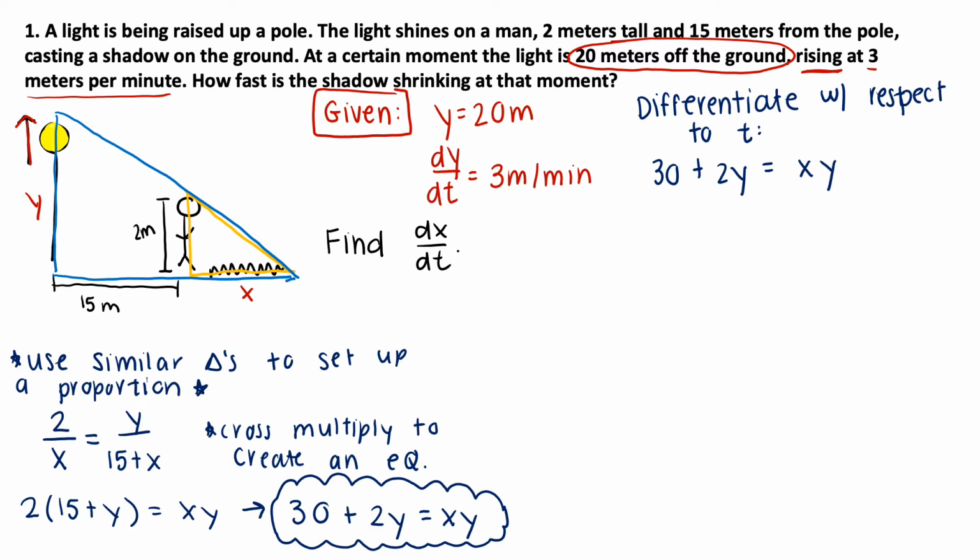it business as usual. So the derivative of 30 is just 0, plus the derivative of 2y is 2 dy dt. And then something exciting is that in order to differentiate xy, we have to use the product rule.